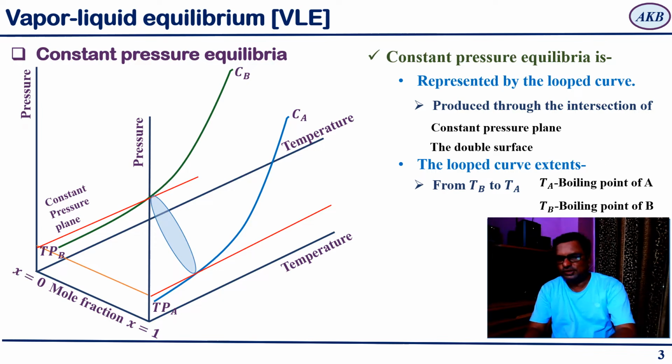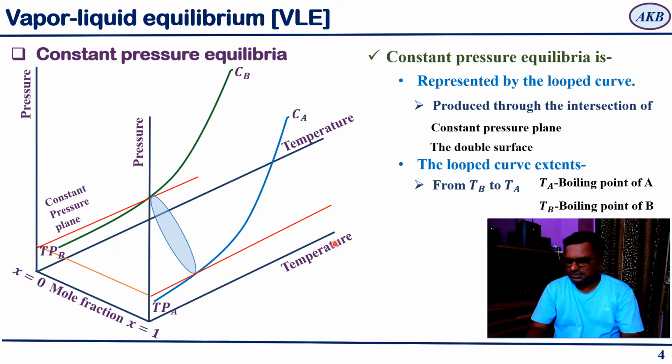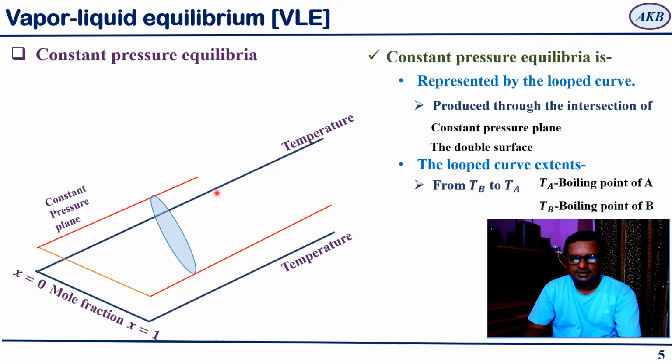Now let us move on. This is the loop curve that represents constant pressure equilibrium. Now we will see how this loop curve looks when you remove all other parameters. So now I have erased those curves.